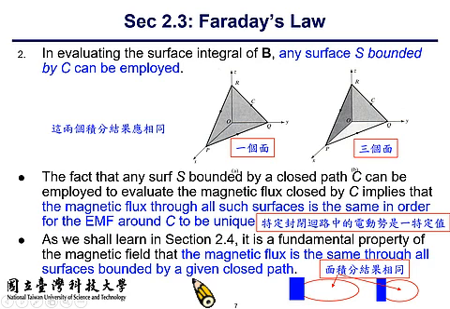So here is an example to illustrate this fact. That is a slanted surface that has intersections on the x, y, and z axes.